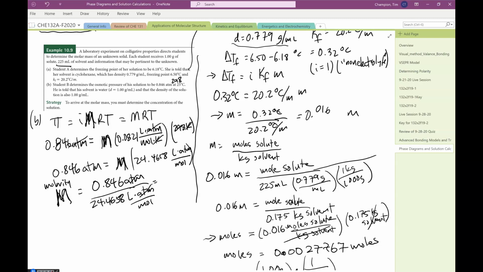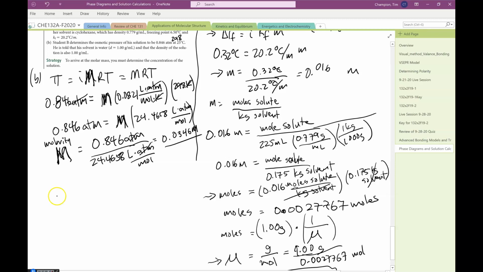So 0.846 divided by the second answer here on my TI, or 24.4658. That comes out to be 0.0346 molar. And again, that's more sig figs than we probably could claim. Now, okay, we know molarity. So what's molarity?